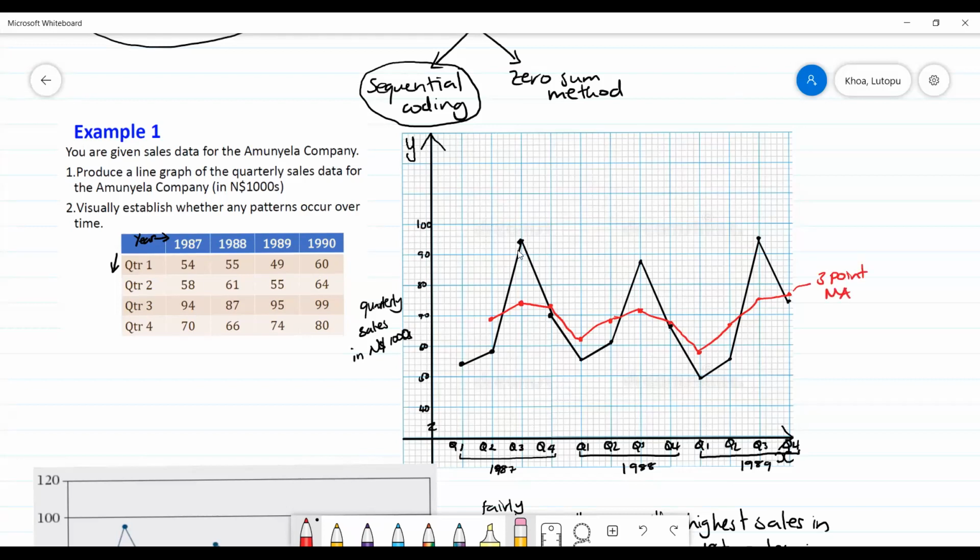And you notice there aren't that many spikes and troughs, that the difference between the high value and the low value is much less with the 3-point moving average. So you can see here I have a high value and this one a low value, and the distance between them isn't that big. So what this moving average actually does is it smooths out our data. So before, lots of spikes up and down like that, but when you take the 3-point moving average, our data is much smoother. Okay, so that's one reason why we do this moving average.